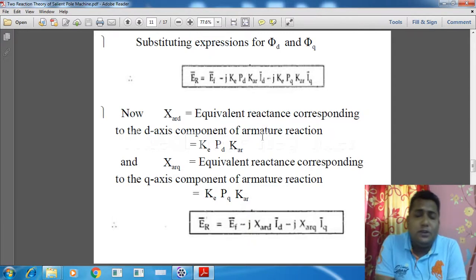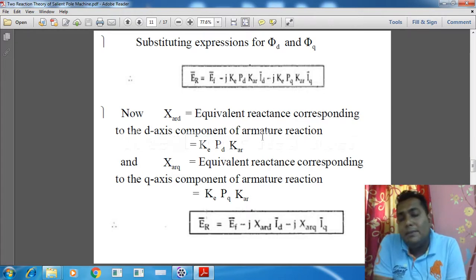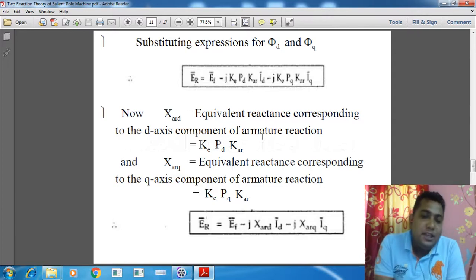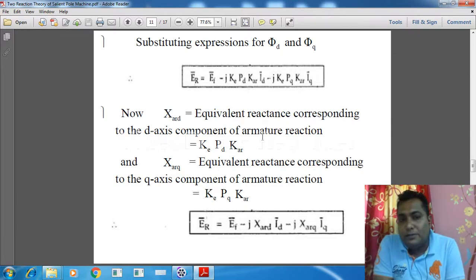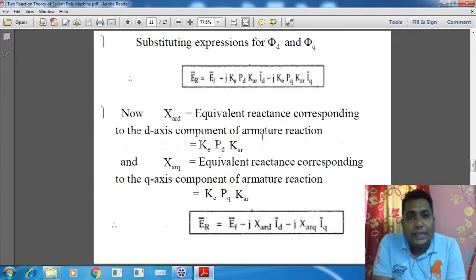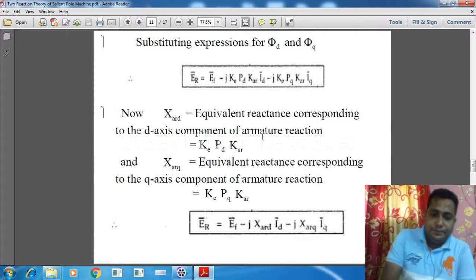So it is equal to Ke into Pq into Kar. So now, instead of Ke Pd Kar, we are replacing Xard, and in place of Ke Pq Kar in the last component of the Er equation, we are replacing Xarq. So we are now simplifying that equation.